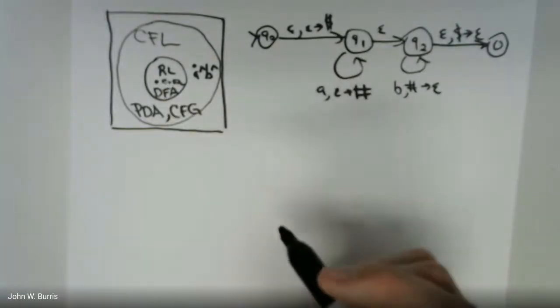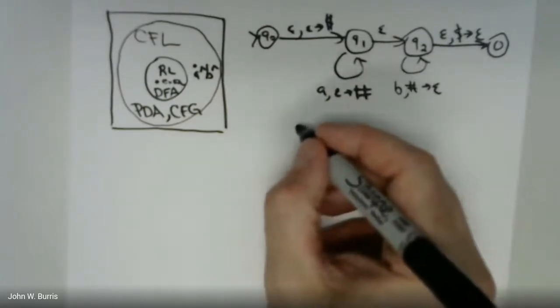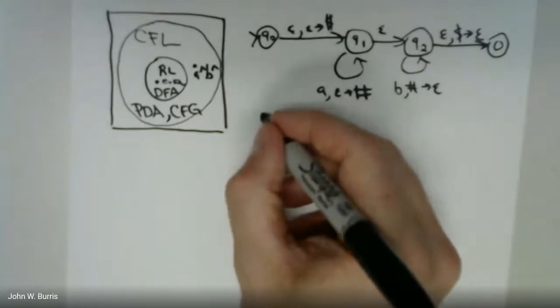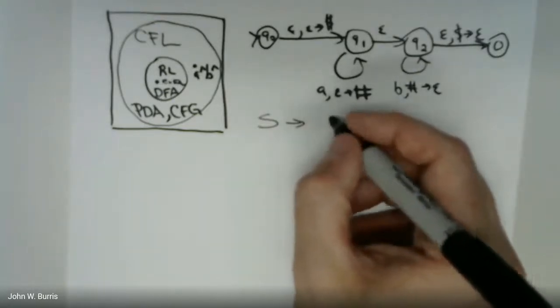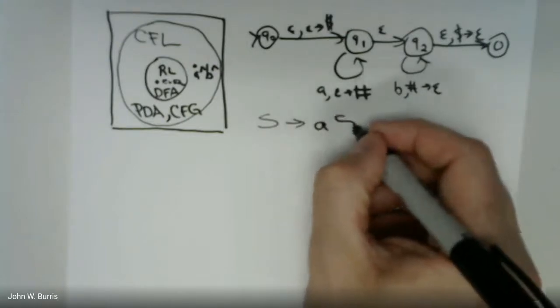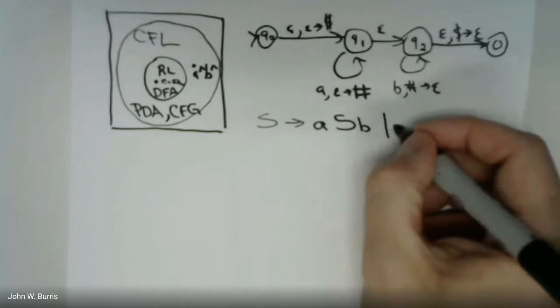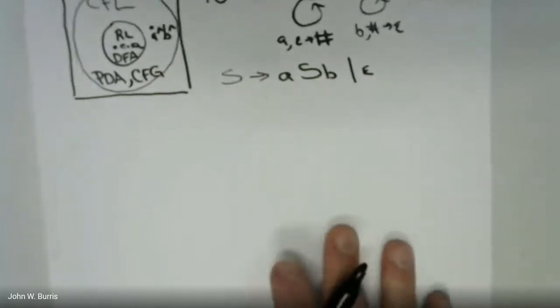We also have another mechanism for proving that it's a context-free language, and that is the context-free grammar. So let's look. If we have a starting non-terminal S and the language A to the N, B to the N, we use the rule S goes to A S B, or empty string. Now let's see how this works.